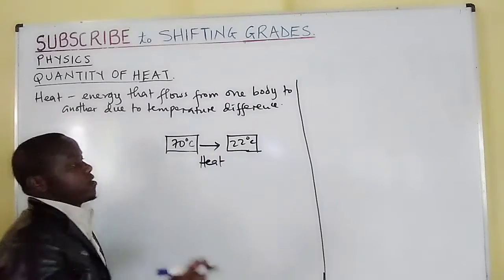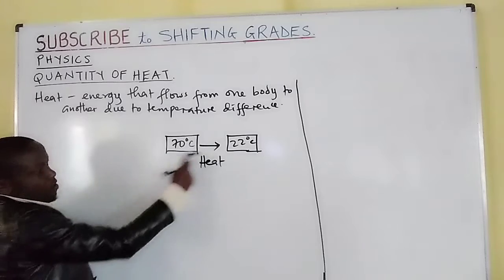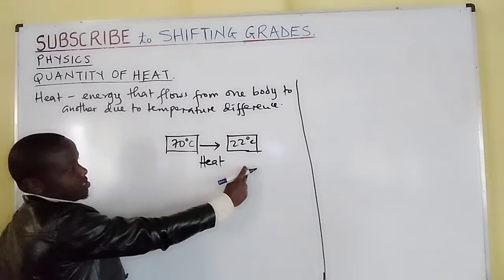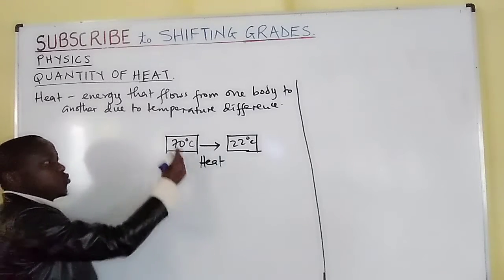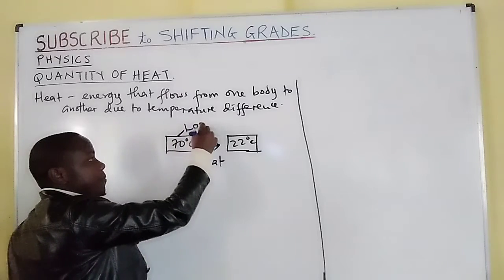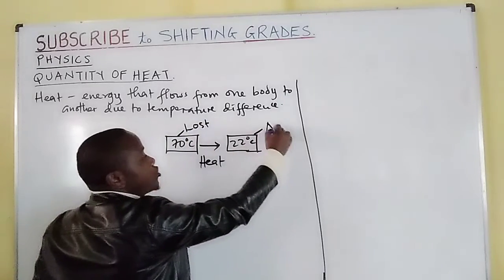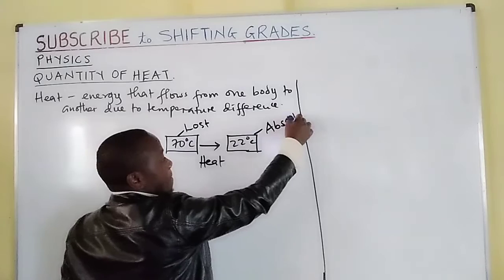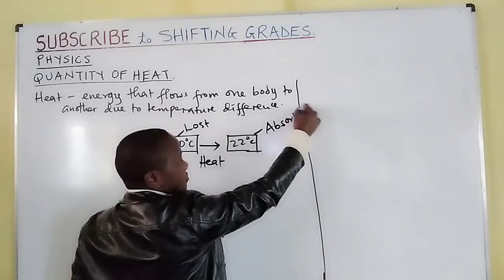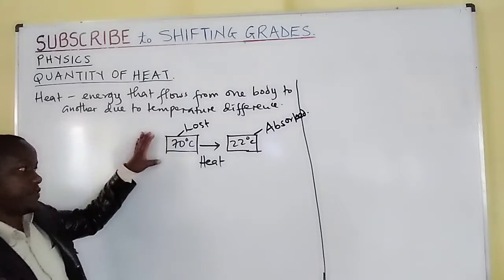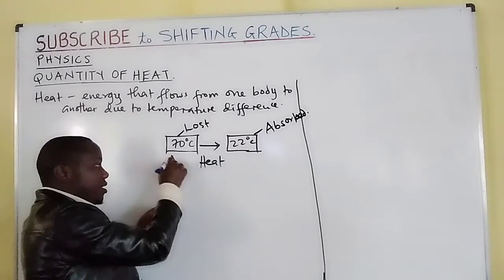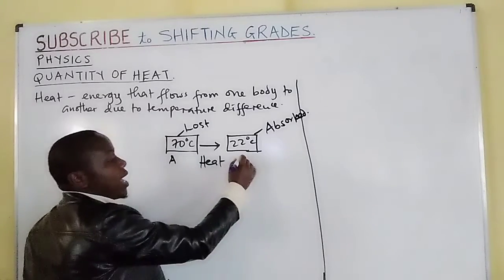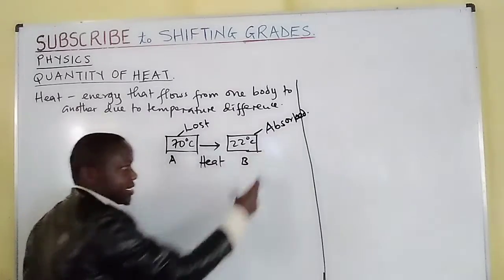Therefore, we see now the concept of heat flowing. It translates to heat being lost and heat being absorbed. If it flows from here, body A loses heat while body B is absorbing heat.